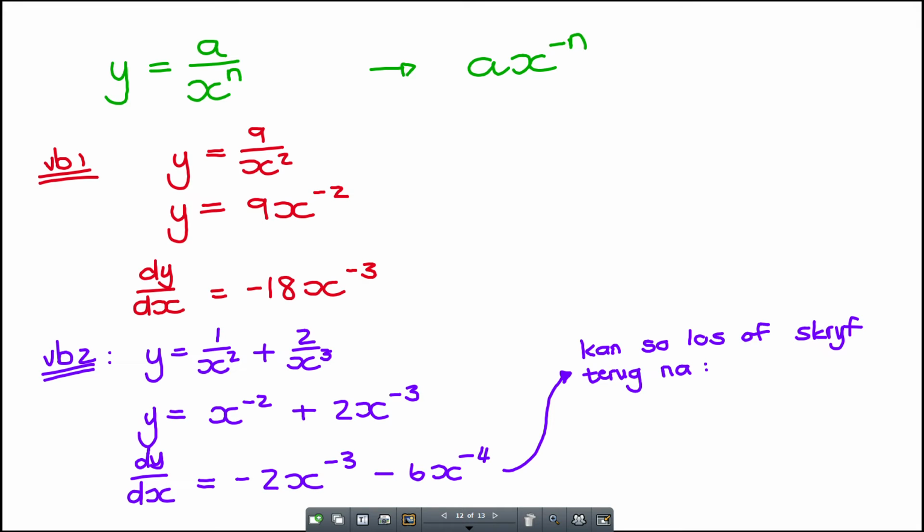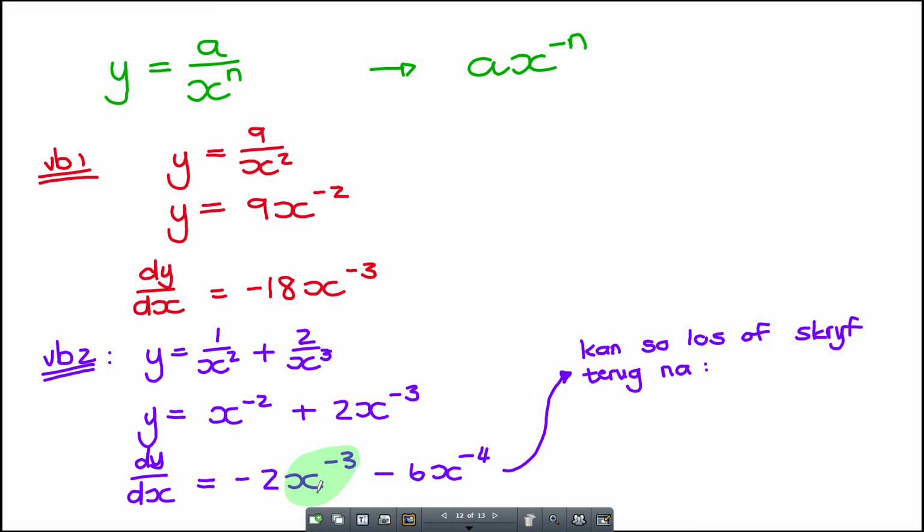Okay, now, dis nie noodwendig so nie, nee? I'm saying you can leave it like that. But just in case they ask you to write it in fraction form again, nee? Ek wil net gou vir jou wys. Kom ons gaan skryf gou daai dan nou weer. The only thing that you've got to remember is because that exponent is negative, I'm going to take it to the bottom.